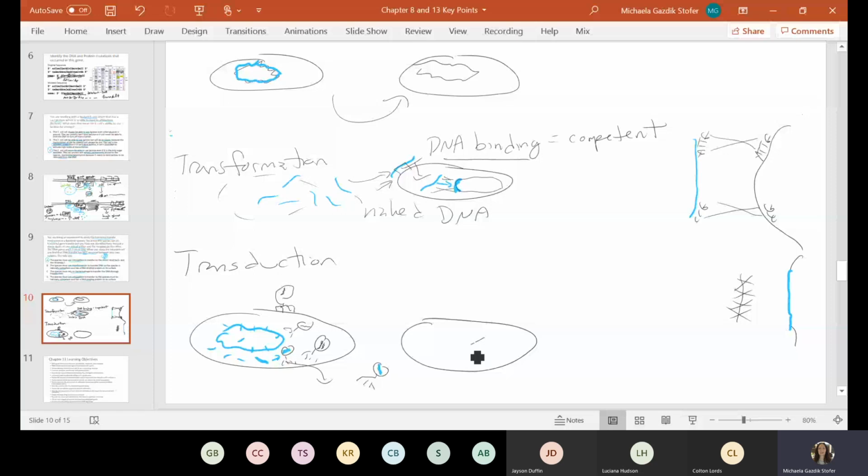Instead of injecting phage DNA, we inject that new DNA, and then again, recombination can happen to get into the genome itself. So completely by accident, this cell has now gained some new DNA just because the virus made a mistake. Questions on transduction, or does that one seem to make sense?